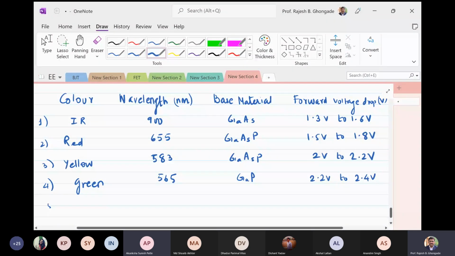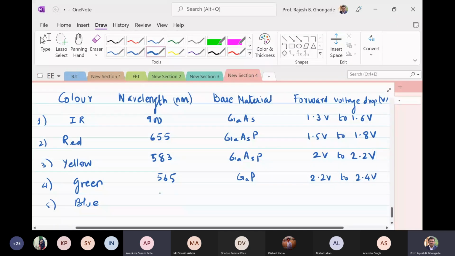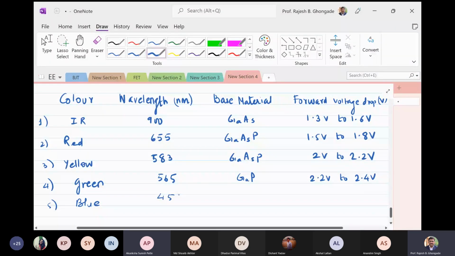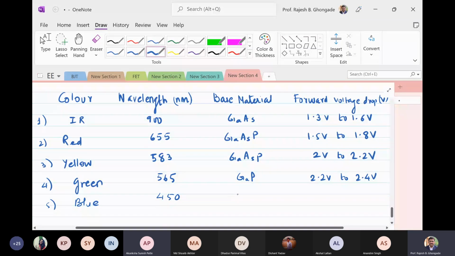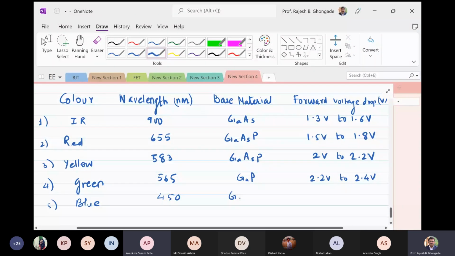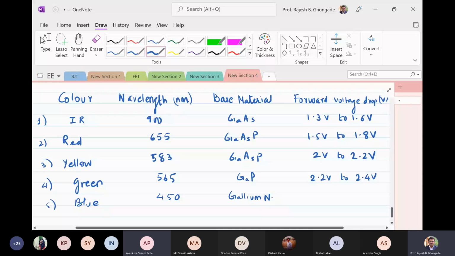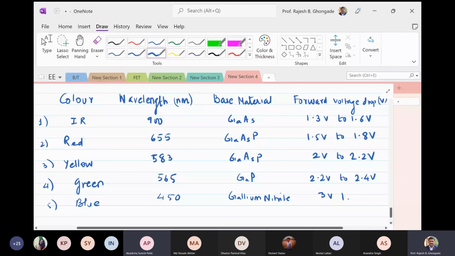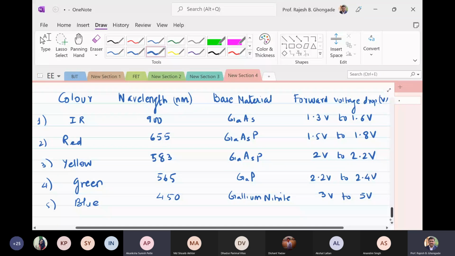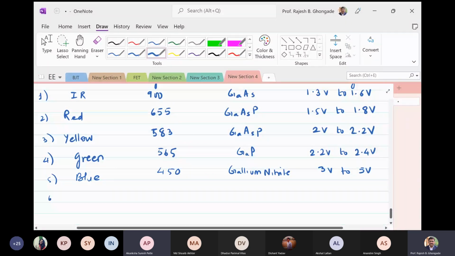Blue, 450 nanometers. This is gallium nitride. Drop is 3 volts to 5 volts. Remember this. Then white.